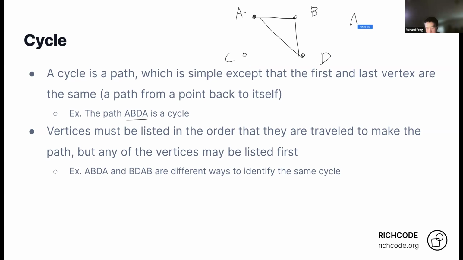This can be written as A, B, D, A, but it's also the same thing as B, D, A, B. So we can trace it in many different ways, but they are essentially the same thing. There are many different ways to identify the same cycle, and depending on the context, we can choose which vertex to list first.